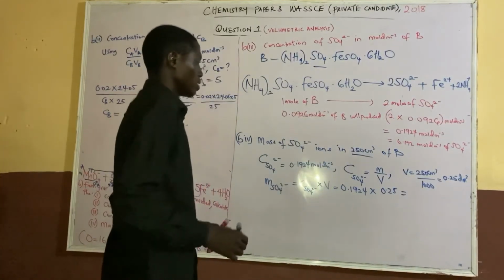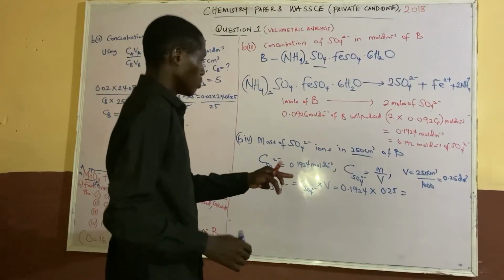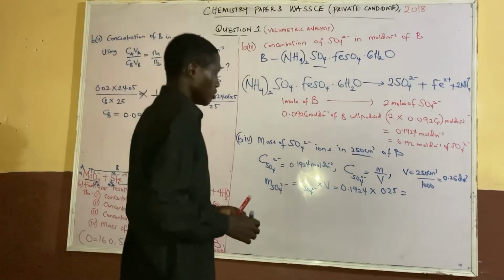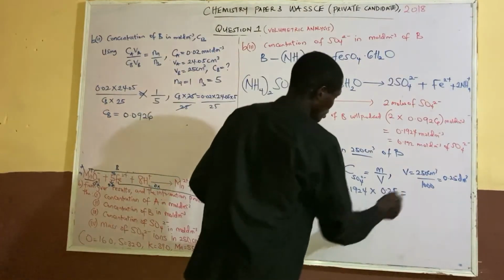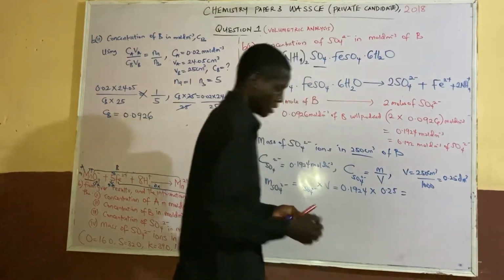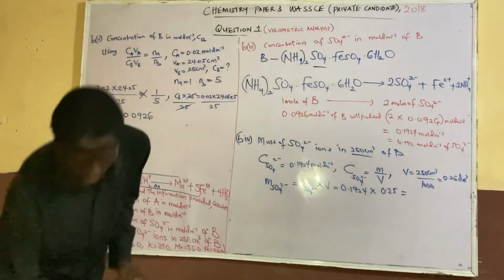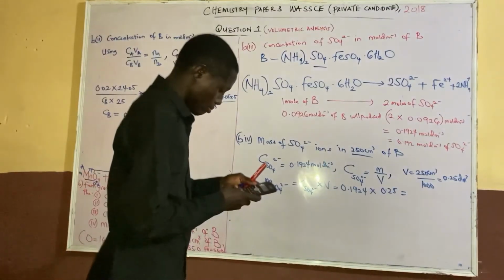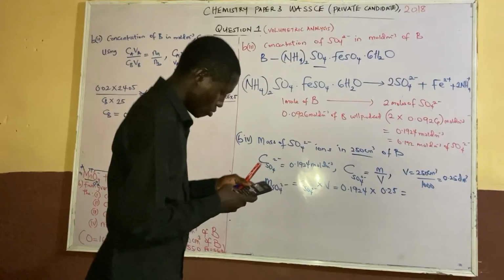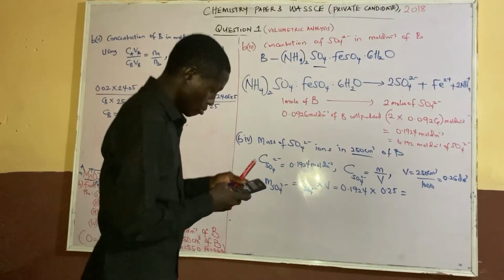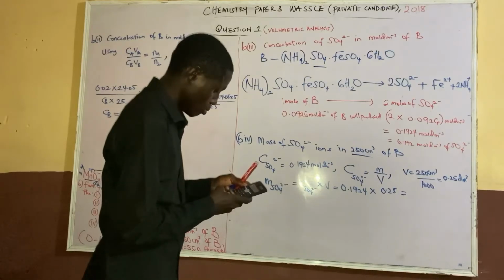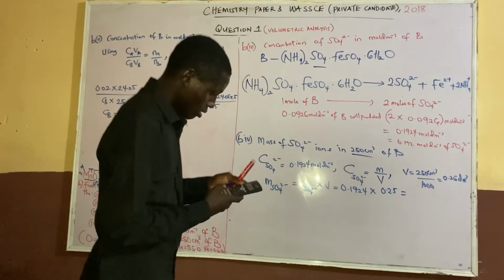So when we multiply this, whatever we get will be our moles. Let's quickly press it. 0.1924 multiplied by 0.25.